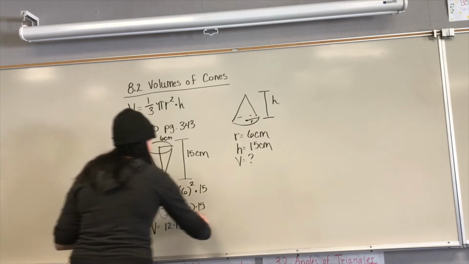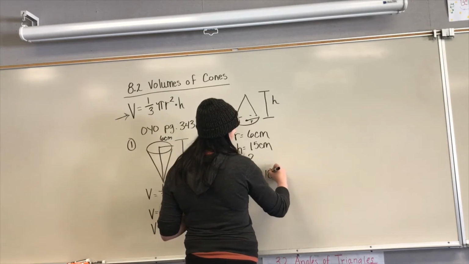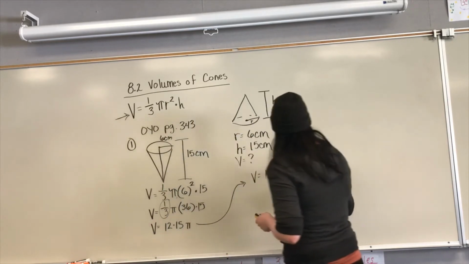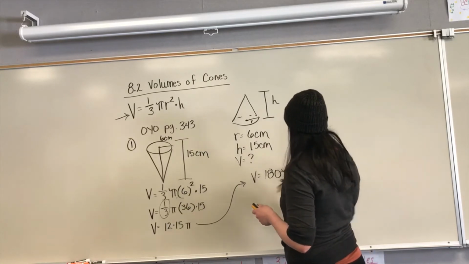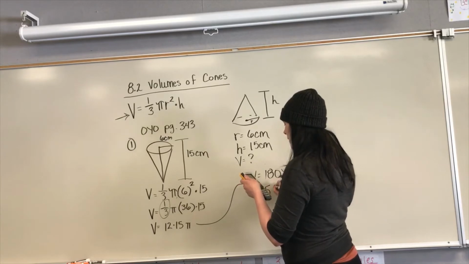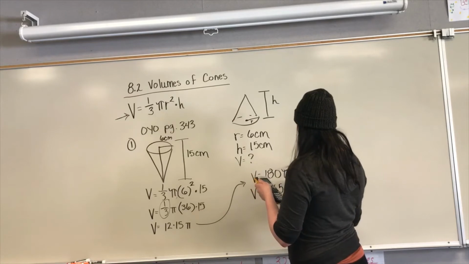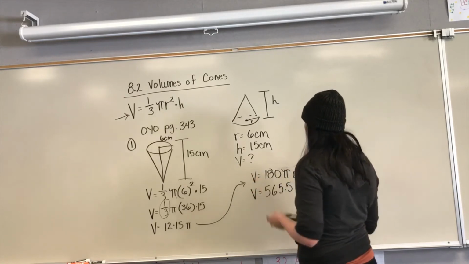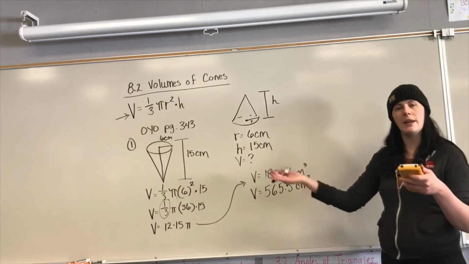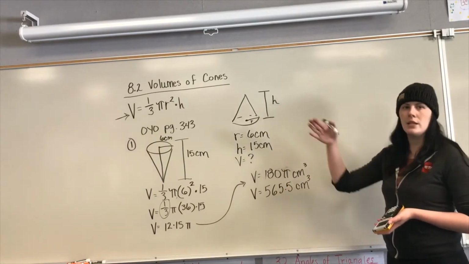So our volume either equals 180 pi centimeters cubed, or if you take this and plug it into your calculator, you can get 565.5 centimeters cubed. I rounded this up to a 5, it was a 0.48 and it went on a little bit longer, so this would be our volume of this cone.